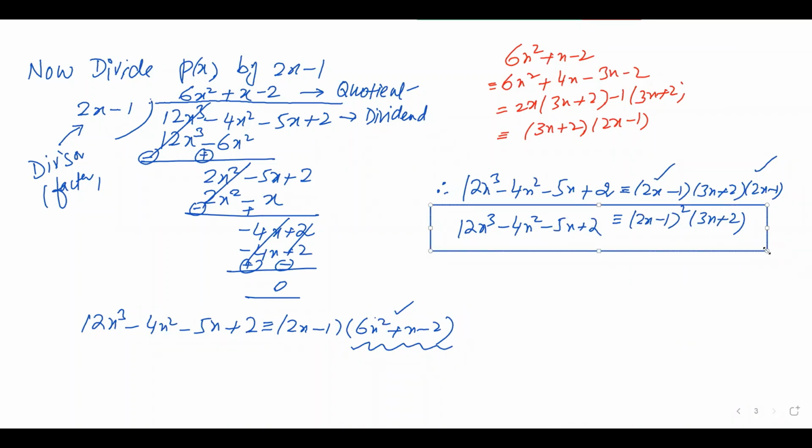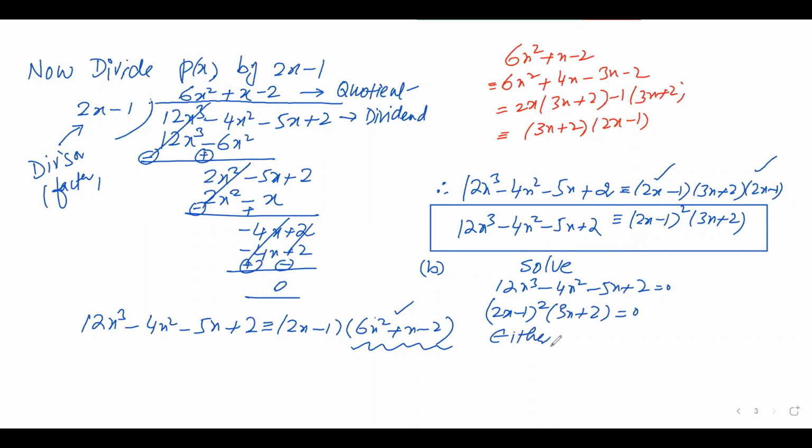Next, B part was to solve 12x cubed minus 4x squared minus 5x plus 2 is equal to 0. Then we have the factorization from part A. So (2x minus 1) square and (3x plus 2) is equal to 0.